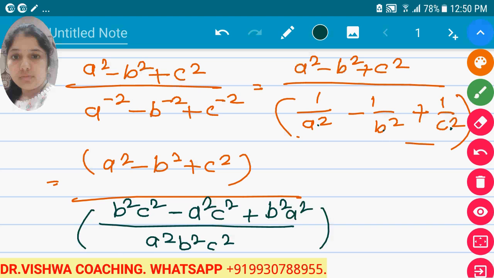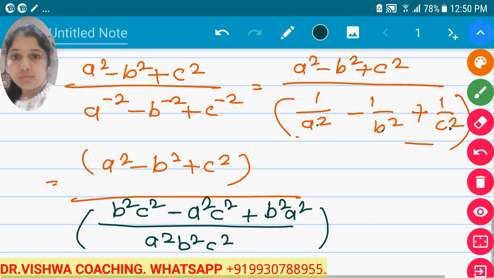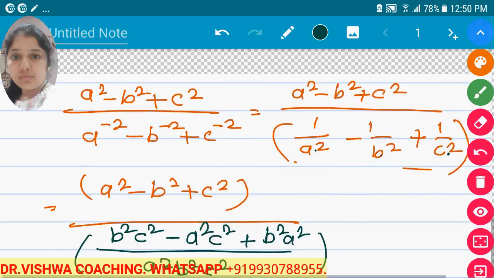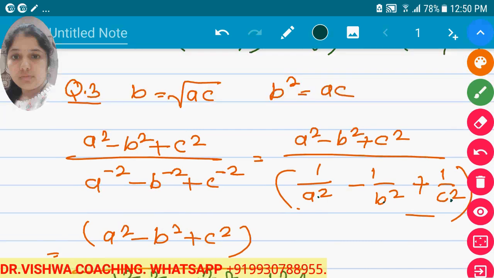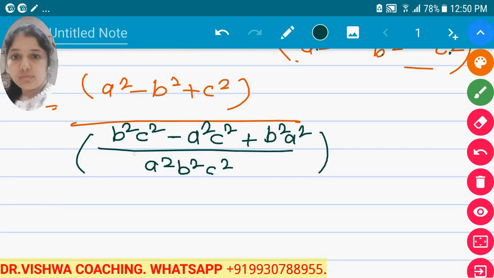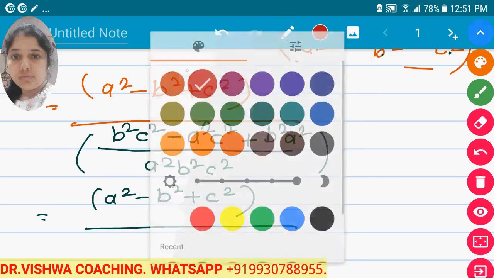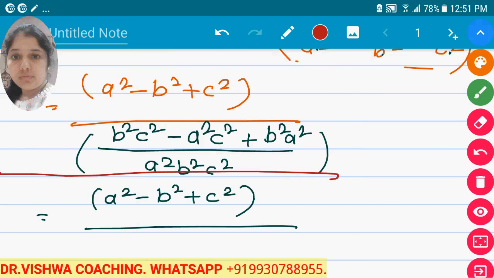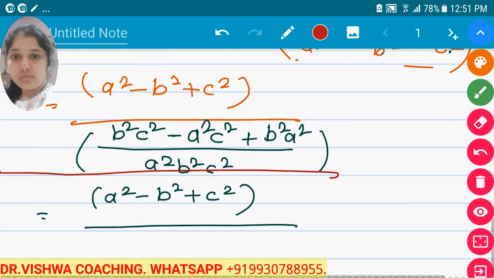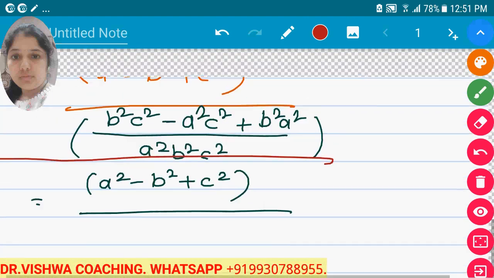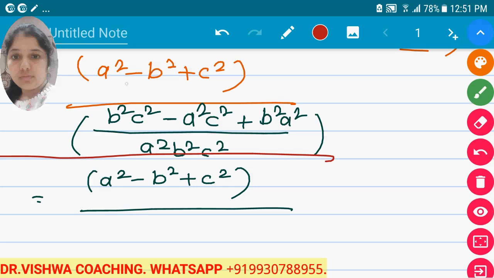Now see, we know that b is the mean proportional, so B square is equal to AC. Where there is B square, you put the value as AC. So our equation becomes A square minus B square plus C square upon, now where there is a B square, I will put the value as AC, and the denominator can go to the multiplication.